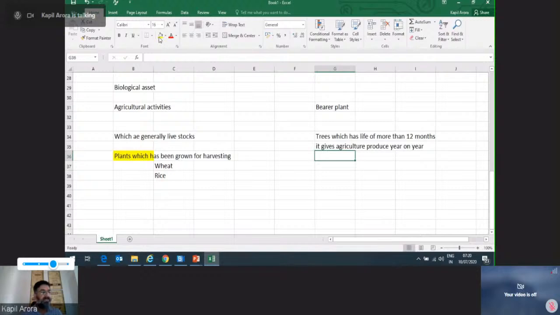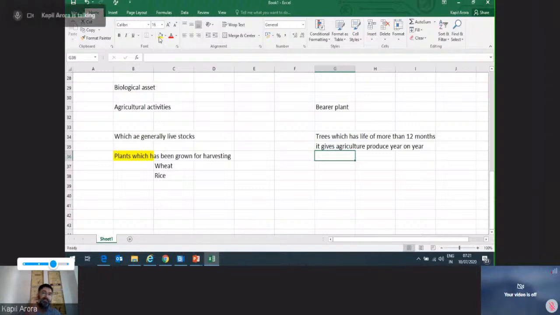Can you think about any plant or tree which can produce year on year? We just have to maintain that. Once a tree is grown, it is grown. Once trees are grown, they are there, right?